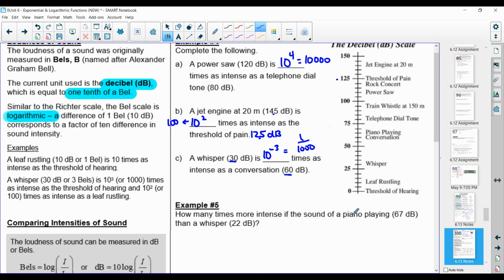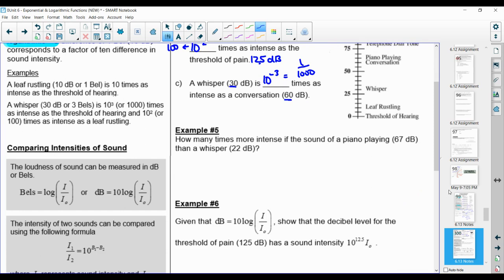All right, taking a look at an example here, we're asked how many times more intense is the sound of a piano playing at 67 decibels than a whisper of 22 decibels. So we're going to use our formula: I1 over I2 equals 10 to the bel 1 minus bel 2. We have our intensity ratio is what we're looking for. So I1 over I2 equals 10 to the. Now, if our decibels are 67 decibels, our bels are 6.7.